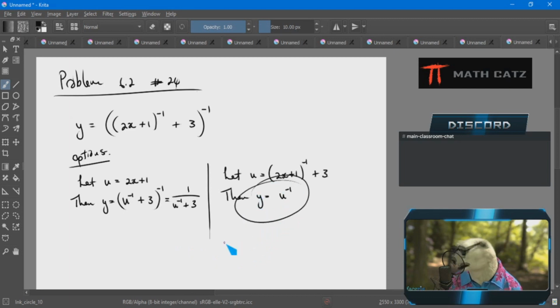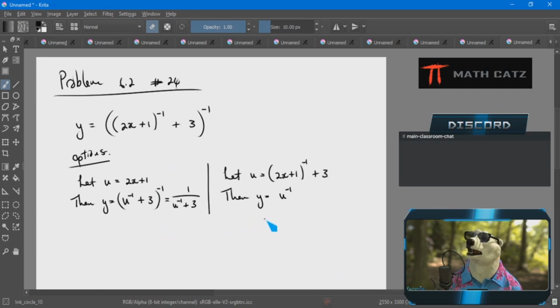So if you want the challenge, you can go for the first option, but I'm always going to go for the simplest outside function. It's going to save time. It's going to be more efficient. It's going to look better. Everything's just going to be better. It's not a question of right or wrong. It's a question of preference and having a smoother path and an easier, better experience through this question.